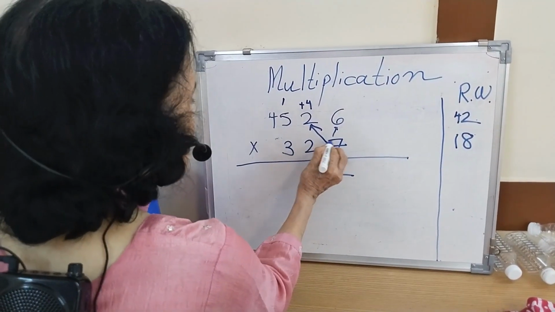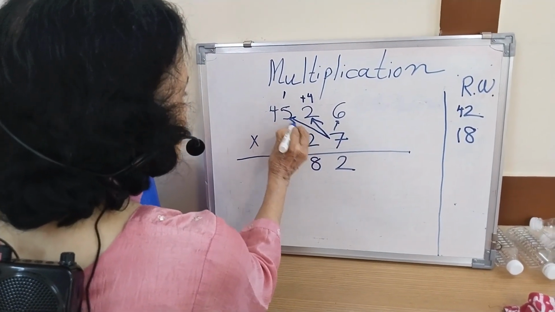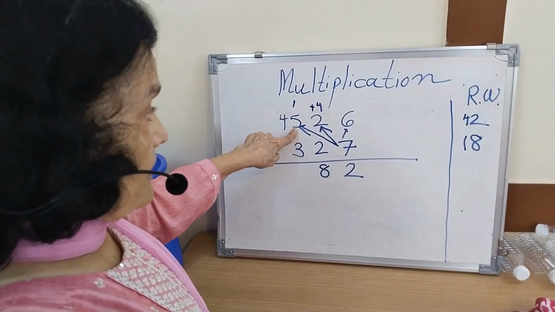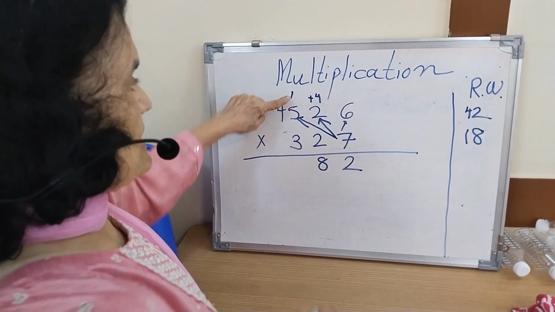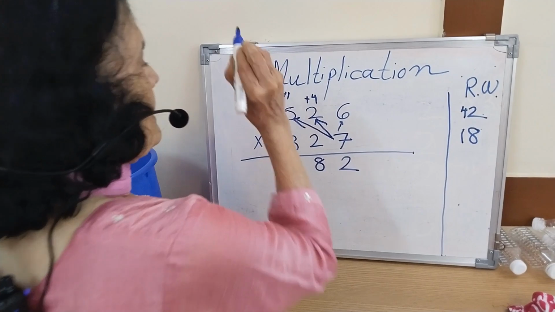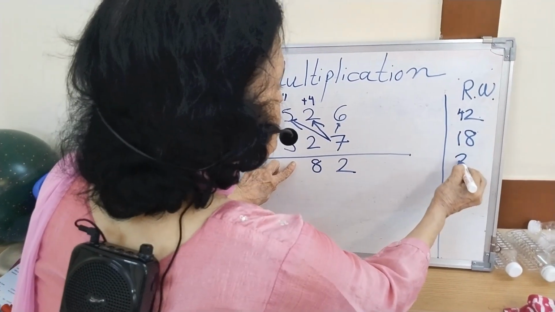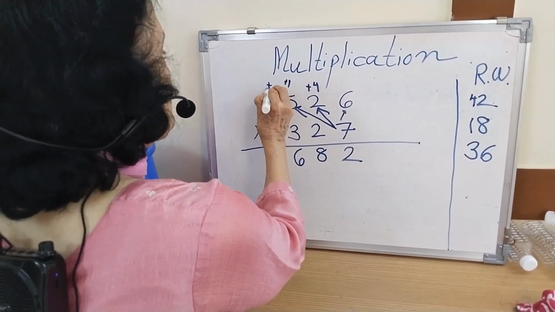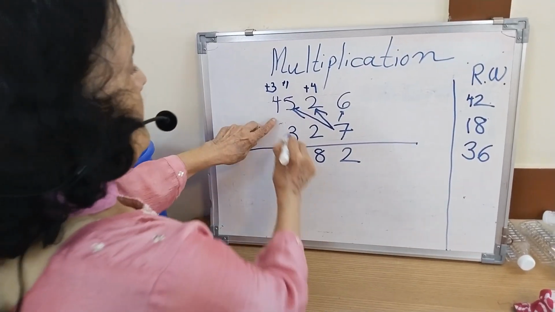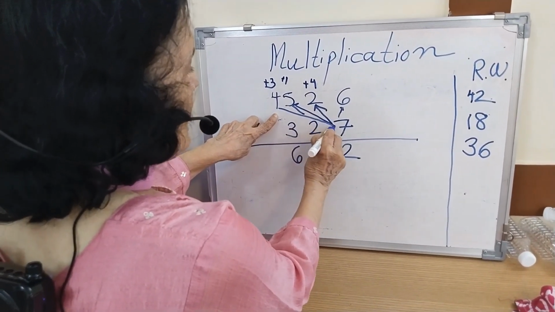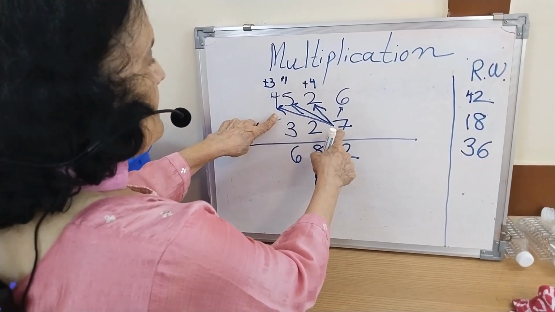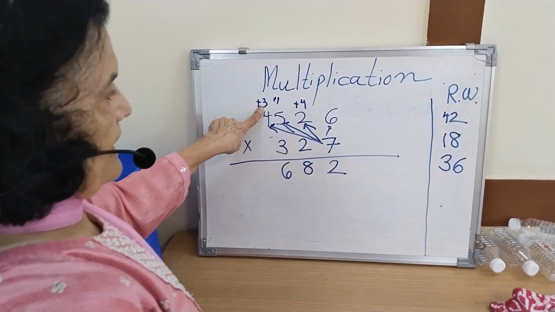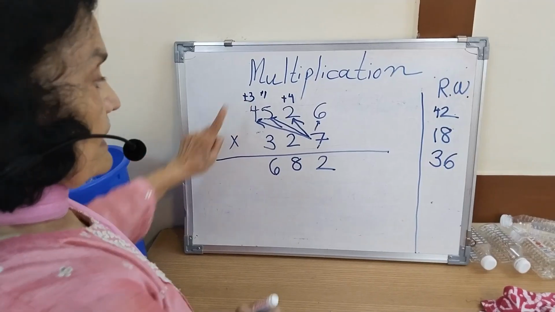Now we will be multiplying 7 with 5. 7 5s are 35. 35 plus this one makes it 36. So 6 will go here and plus 3 will be coming here. And now the last multiplication, 7 into 4, that is 28, plus 3, 31.